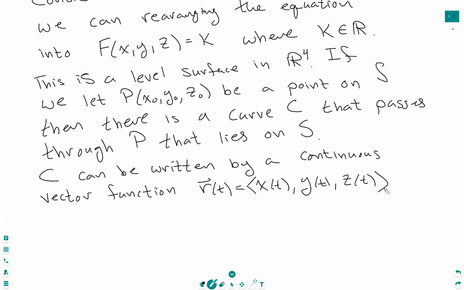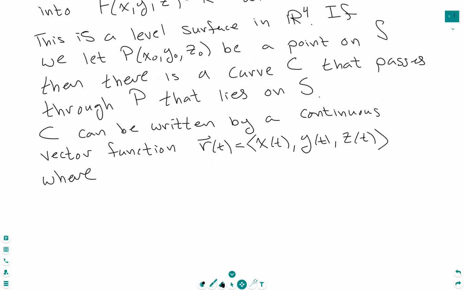So all we're doing is just parameterizing that curve C. Where the vector r naught is equal to our vector r at some time t naught. And this points to our point P.